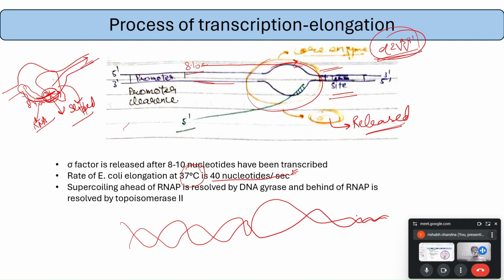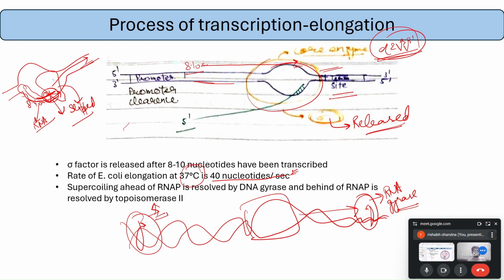So there will be tension created here at this end as well as at this end also. This tension ahead of the RNA polymerase is released by gyrase, and the tension that is behind the RNA polymerase is released by topoisomerase 2.